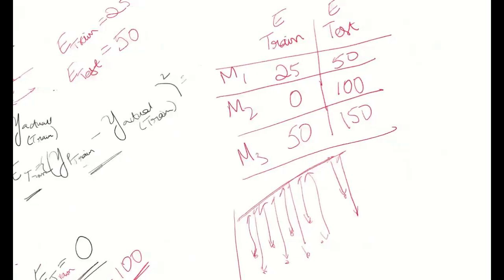If we take the difference here, when it is 25 it is 100, and it is 100 here again. So irrespective of having low train error and high test error, the difference is the same, because having some train error and some test error, the difference is still the same.